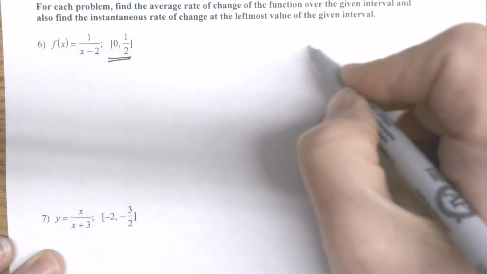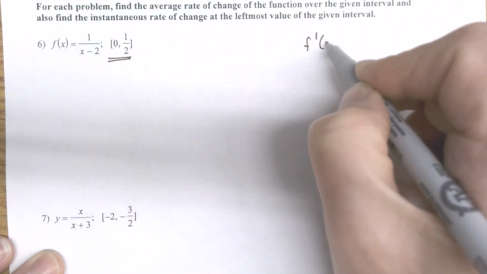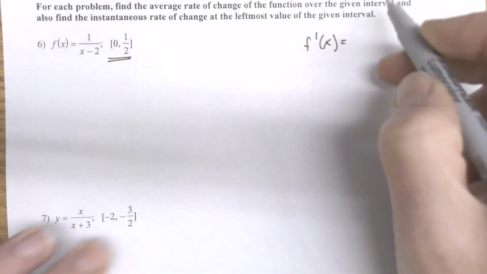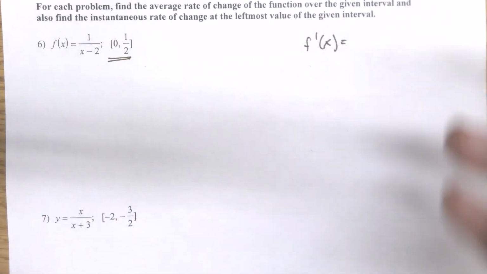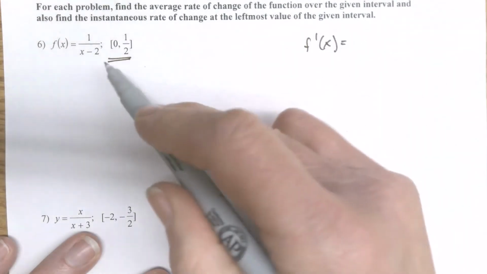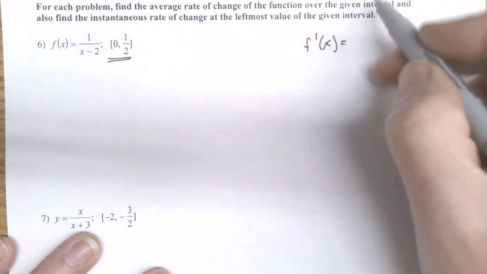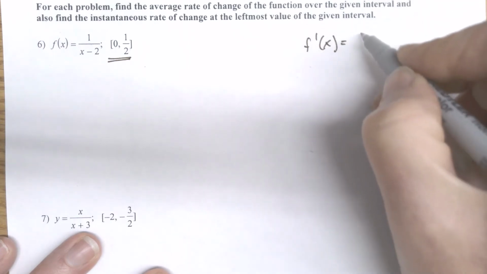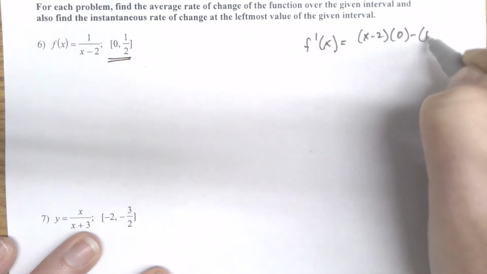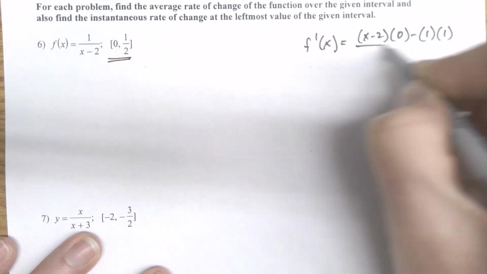So I could start with that. f prime of x for the instantaneous comes from my derivative. I could do a quotient rule on this one, or I could change it to a negative power. And I'll just do the quotient rule, so it's the low d high minus high d low over low low.